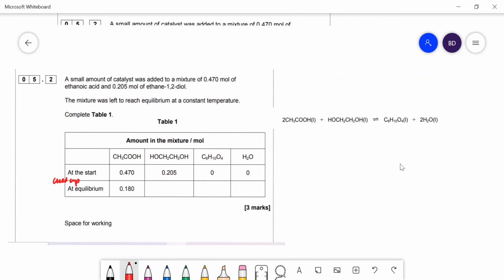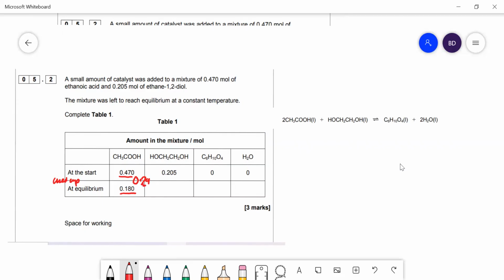So at the start we have 0.47 of that and 0.18 left over. How much have we used up? 0.47 minus 0.18 is equal to 0.29. So we've used 0.29 of that.